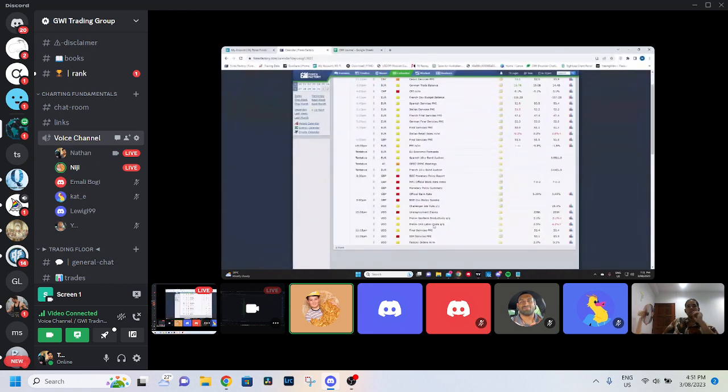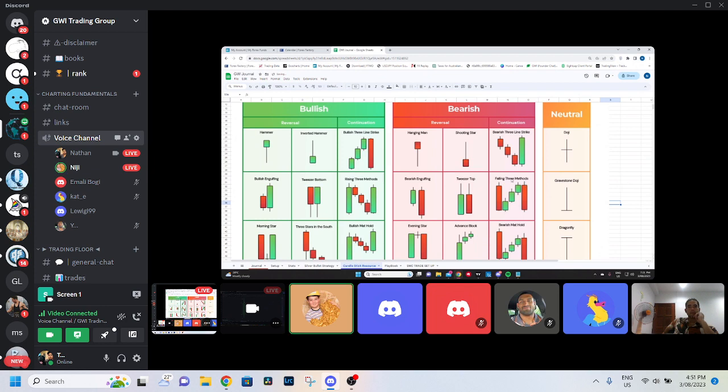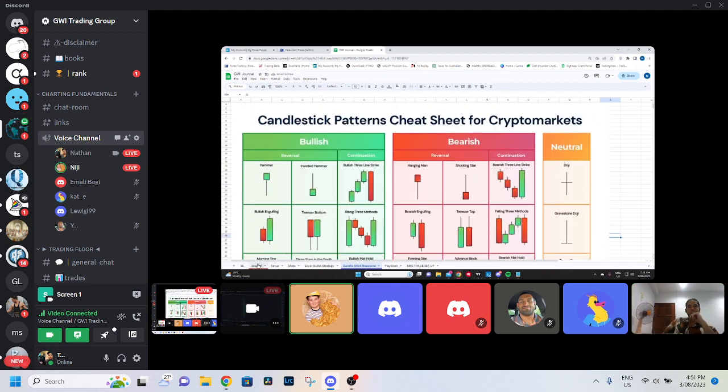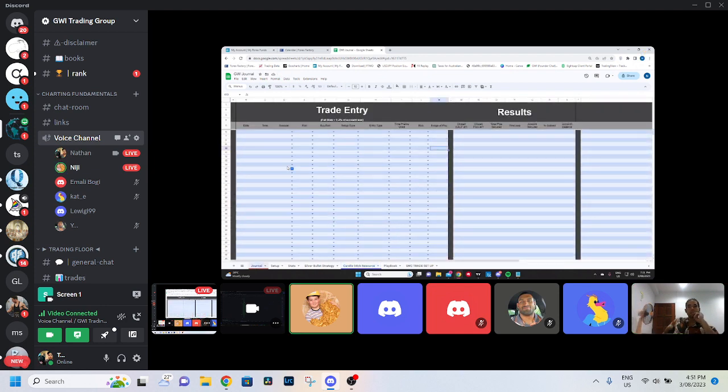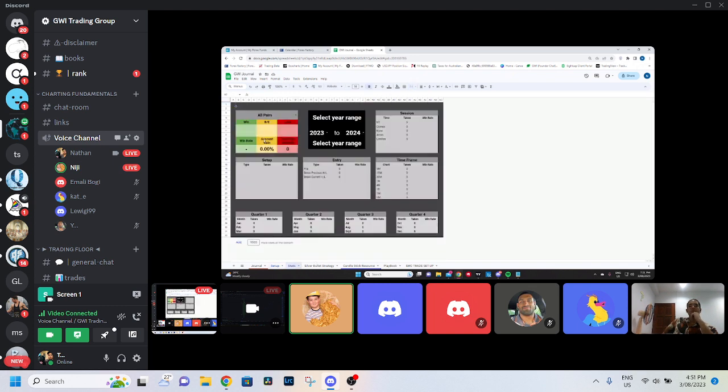Now we'll get into this, which is a little cheat sheet that is in the journal. This was sent to everyone. This is eventually where you will journal all your trades. This is where you'll have your setup. This is where your stats will be.